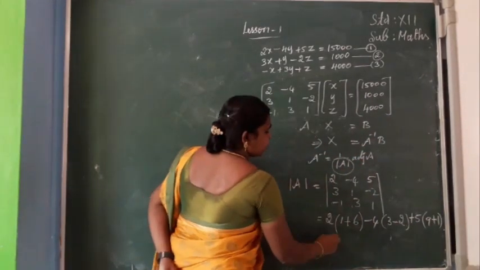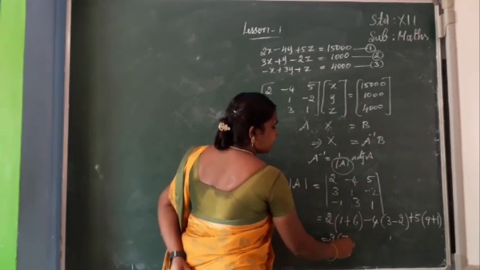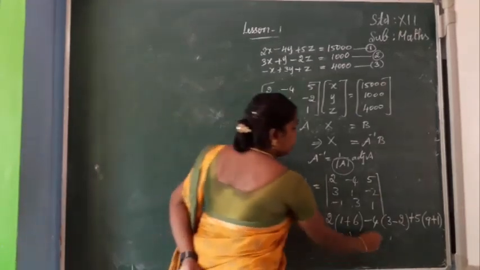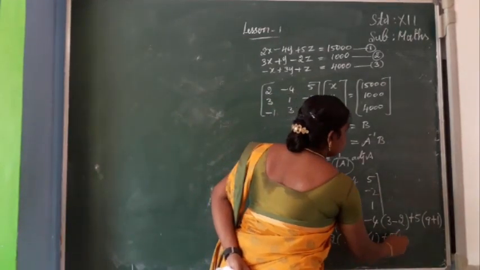So it's 2 into 1 plus 6 is 7, minus 4 into 3 minus 2 is 1, plus 5 into 10.